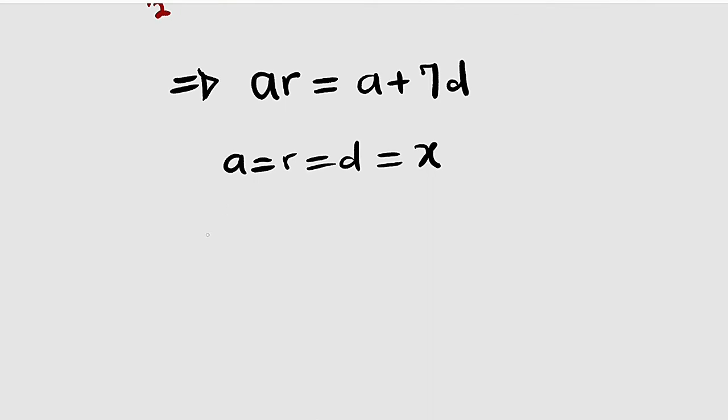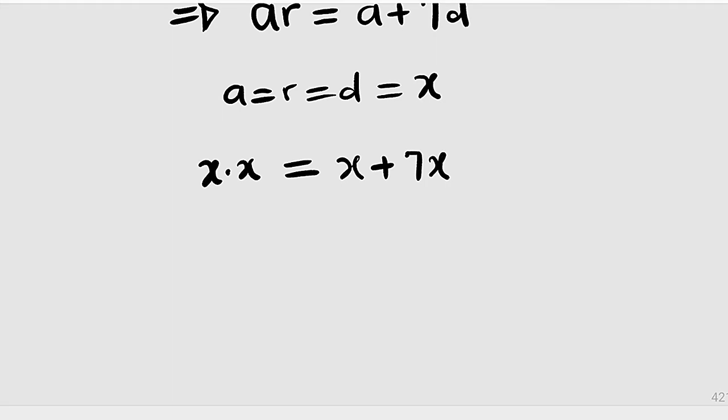So I have X multiplied by X, which is the same thing as A times R, for which A is X and R is also X. This is equal to X, for which A here is equal to X, plus 7X, right? Because D is also equal to X. On the left-hand side, we have X squared equal to 8X.